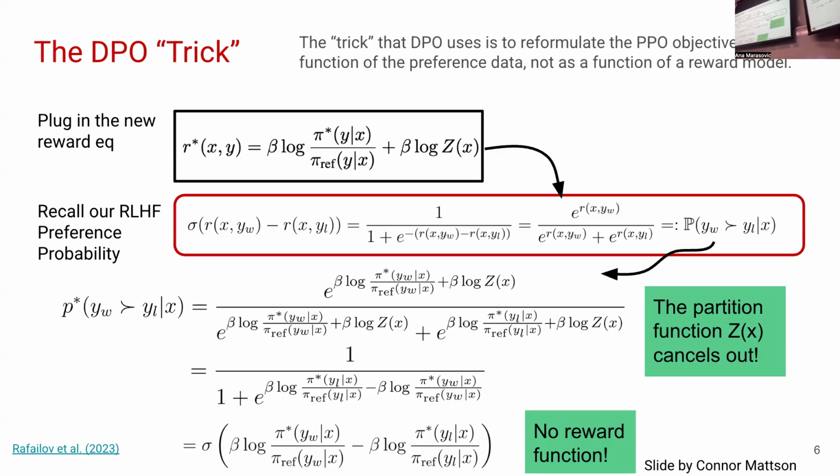Great. Now we can plug this equation into the equation over here. So what I'm getting in this line is this bit with this placed for the reward.